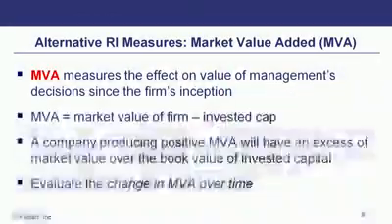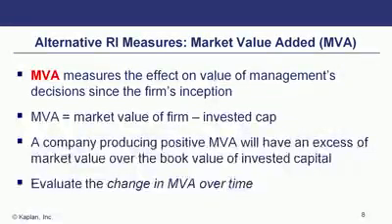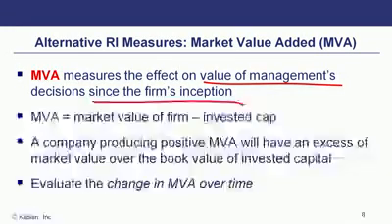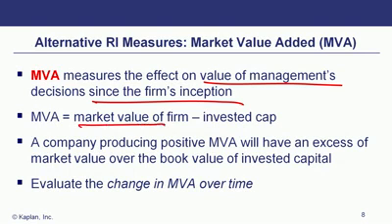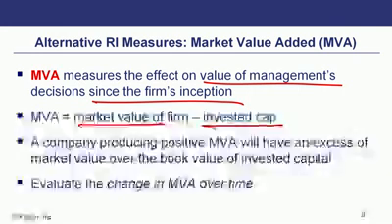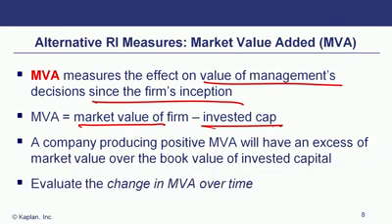So for alternative residual income measures, there's also market value added, which measures the effect of management's decisions since the firm's inception, so since the beginning. So market value added is the market value of the firm minus the invested capital, meaning what is in addition to what I put in.